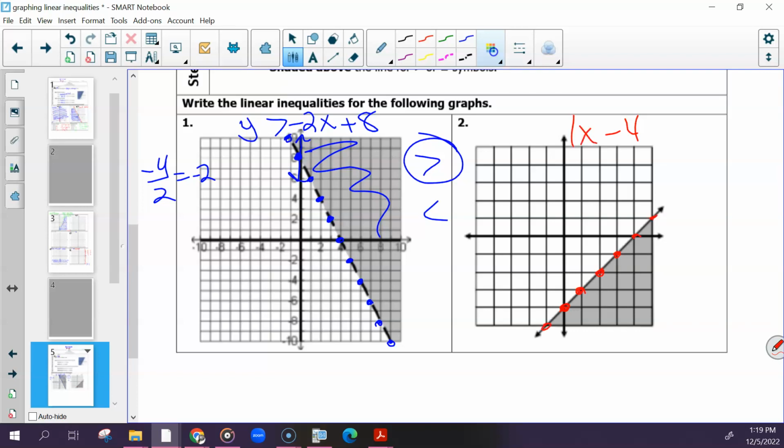And then I'll put my x behind it. It's solid, so I know it's going to be greater than or equal to or less than or equal to. Look at where it's shaded. Is this shaded above your y-intercept or below it? Below it. So less than or greater than? Less than. This doesn't get harder than this. Questions about that?